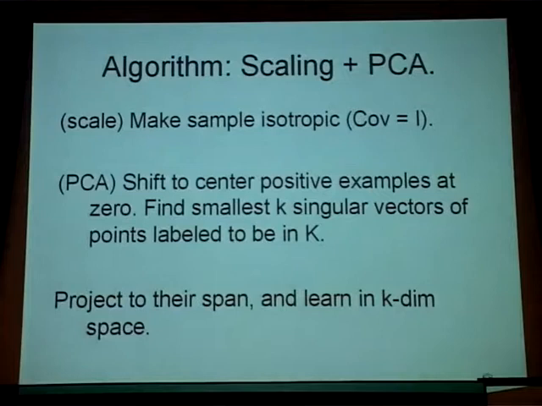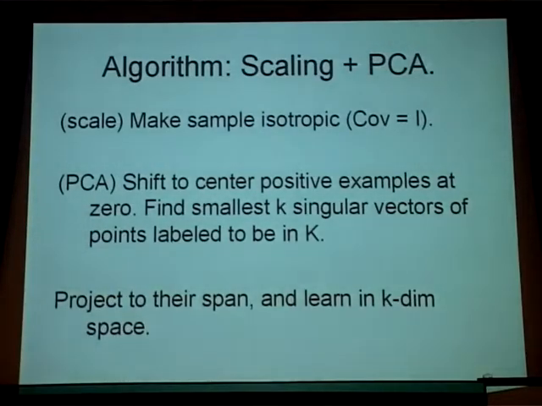And the reason I want to say this is because the algorithm is different now, and it's this classical PCA. So here's the algorithm. Make the full sample of positive and negative points isotropic. It's just an affine transformation. Then look at only the positive points, shift to center their mean at 0, and find the k singular vectors that have the smallest singular values, and project to their span.